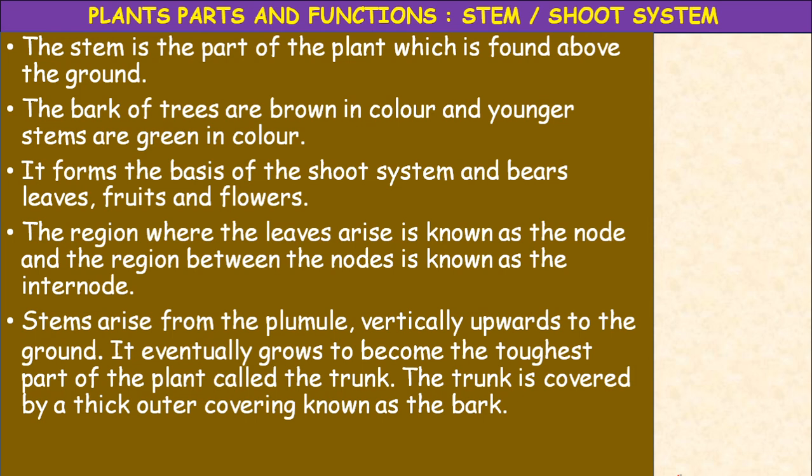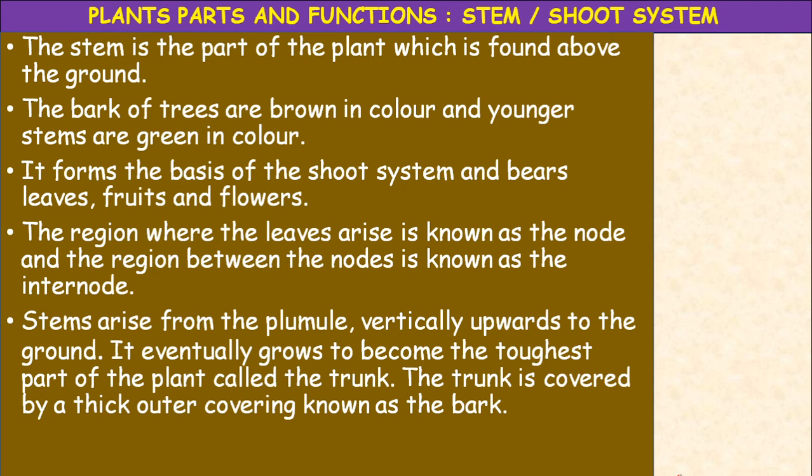If you take the embryo of the seed, it consists of two regions, one is plumule, another one is radicle. The radicle of the embryo of the seed develops into root system and the plumule develops into shoot system. So this shoot will grow vertically upwards, above the ground.